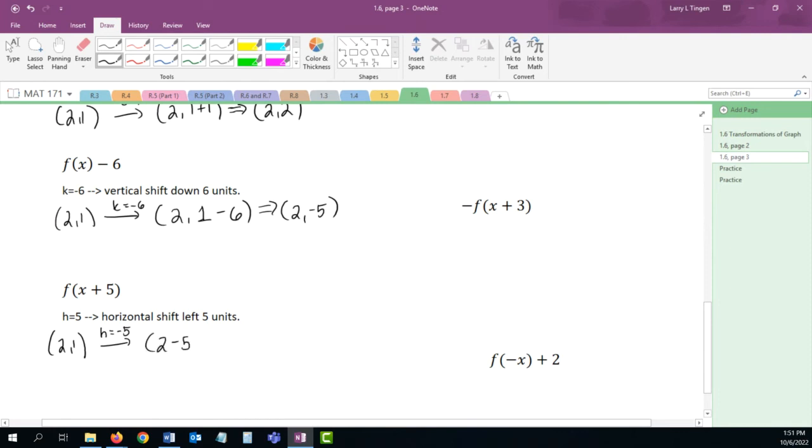So I take 2 and I subtract 5. Now I have the point (-3, 1). Before, when I plugged in 2, I got out 1. Now when I plug in -3, I get out 1. Why? Because I started out at 2, I have to move 5 units to the left, and now I'm over there at -3.